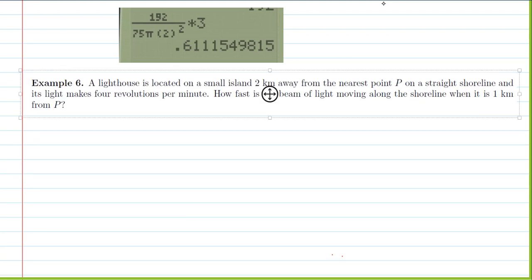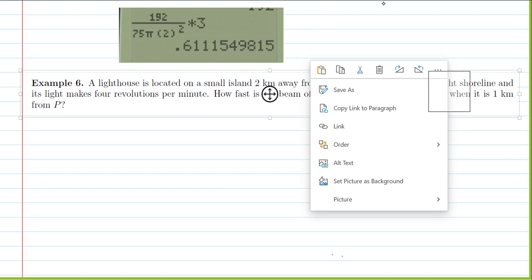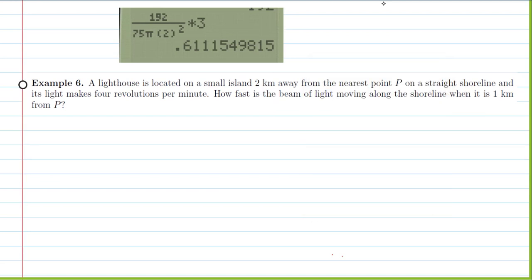A lighthouse is located on a small island 2 kilometers away from the nearest point P on a straight shoreline. And the lighthouse makes 4 revolutions per minute.